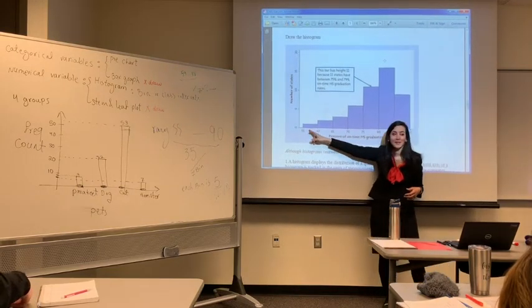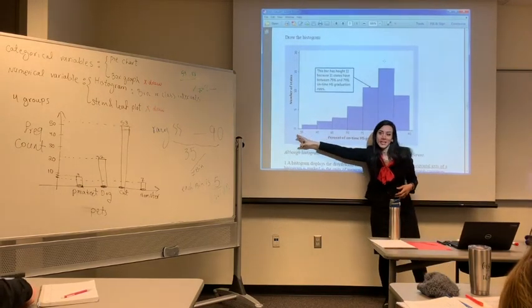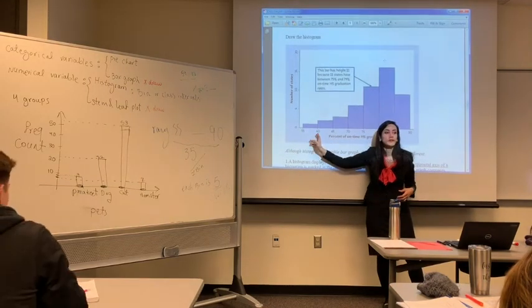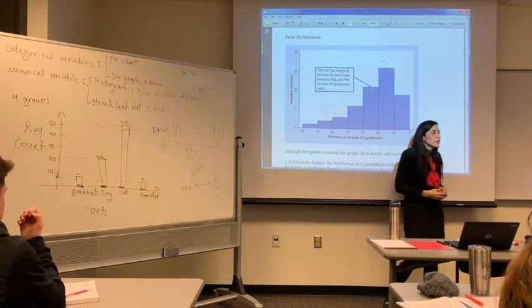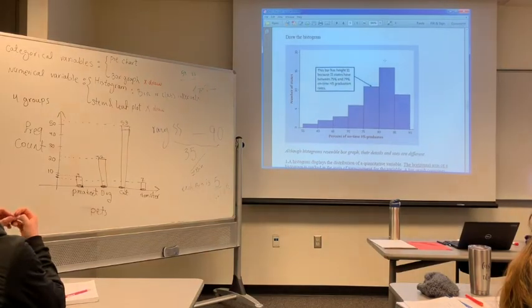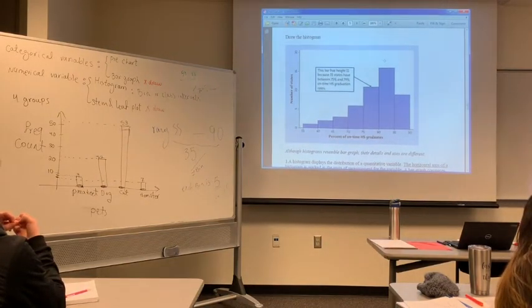Just one state belongs to this class interval, which has high school graduation between 55 to less than 60. Correct? So height of each class interval shows the frequency.